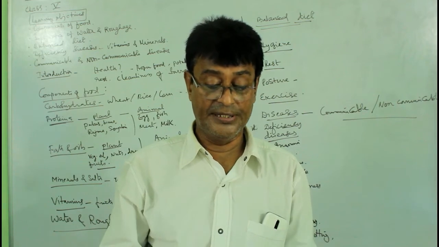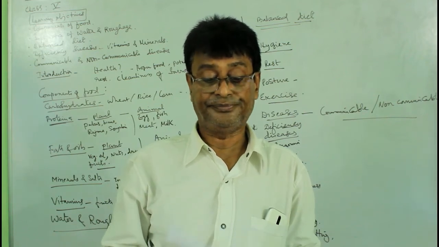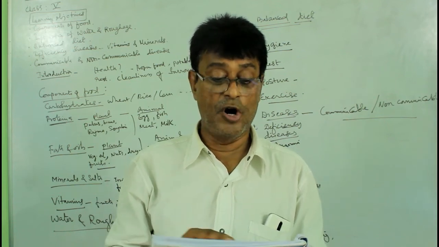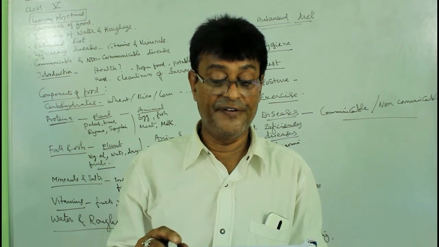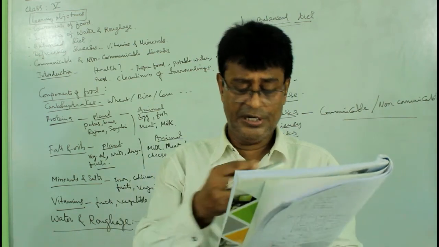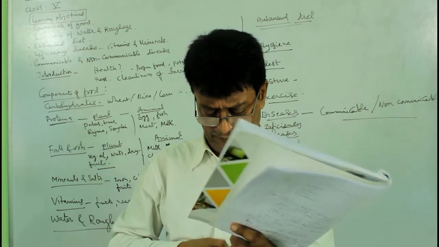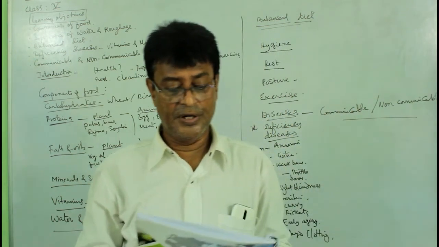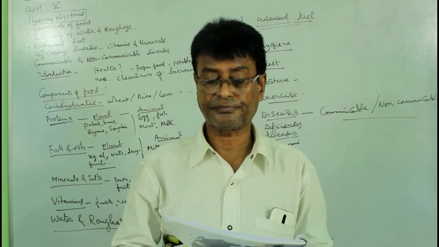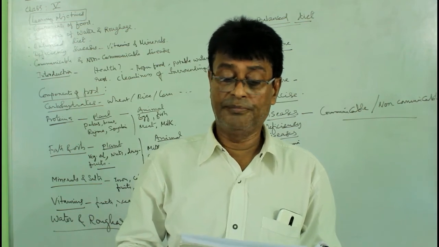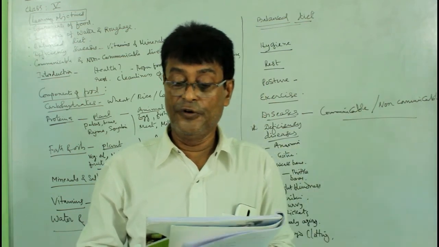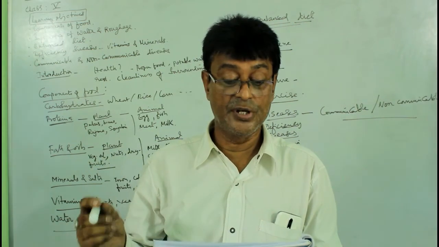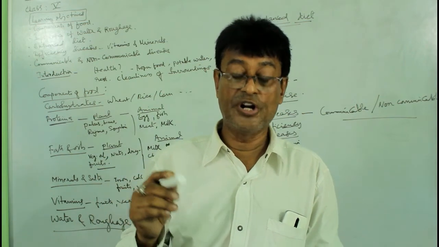Well, the next question is number B, and its answer is: apart from the nutrients, 2 important components are water and roughage, which are required. So, the water maintains the fluid balance of the body and helps in all metabolic processes. Water also maintains body temperature.